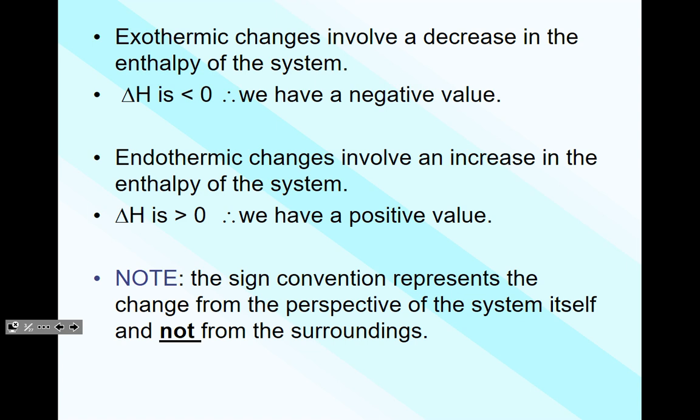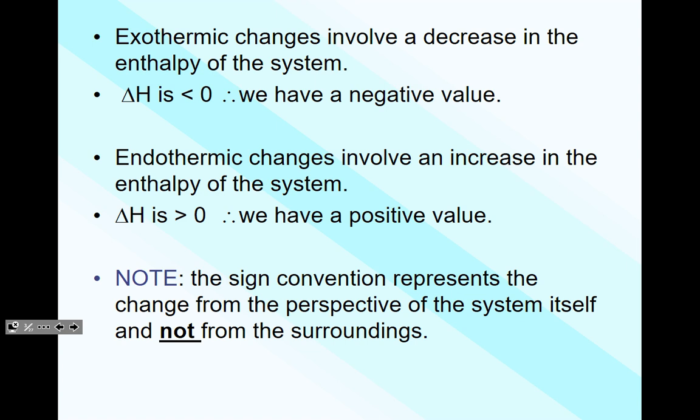Exothermic changes involve a decrease in enthalpy of the system, because remember, with an exothermic reaction, the Q in the surroundings or in the water shows an increase in temperature. If there's an increase in temperature, we call that an exothermic reaction. However, we know that the delta H is the same but opposite. So in an exothermic reaction, the delta H is under 0, which gives us a negative value.